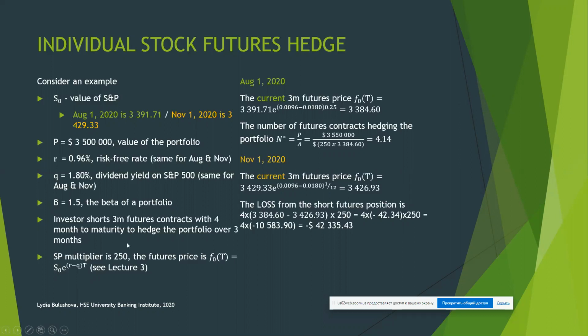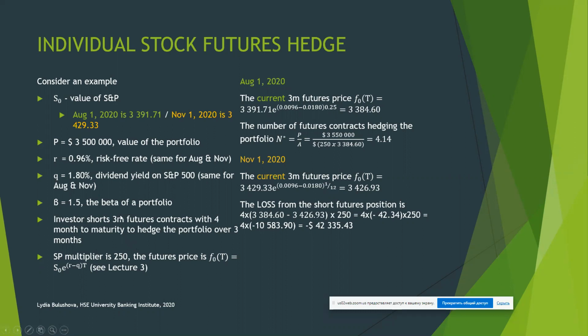An investor shorts 3-month futures contracts with 4 months to maturity to hedge the portfolio over 3 months. How to read this?